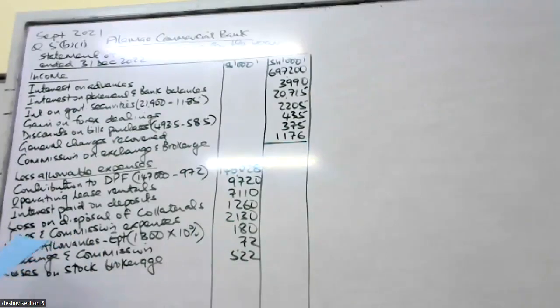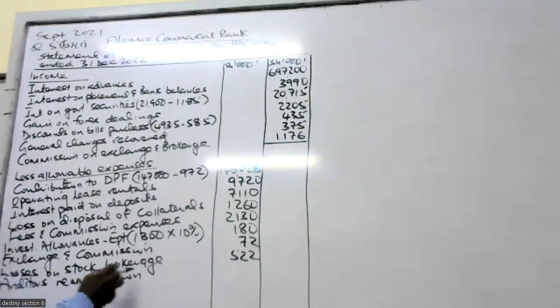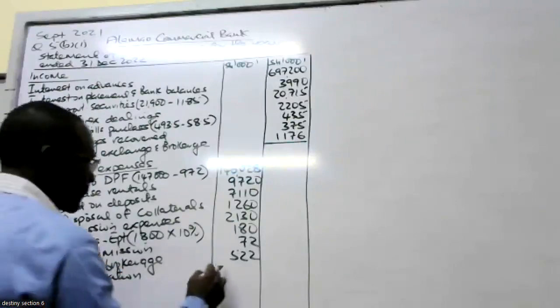Auditors remuneration. Auditors remuneration is 1179.